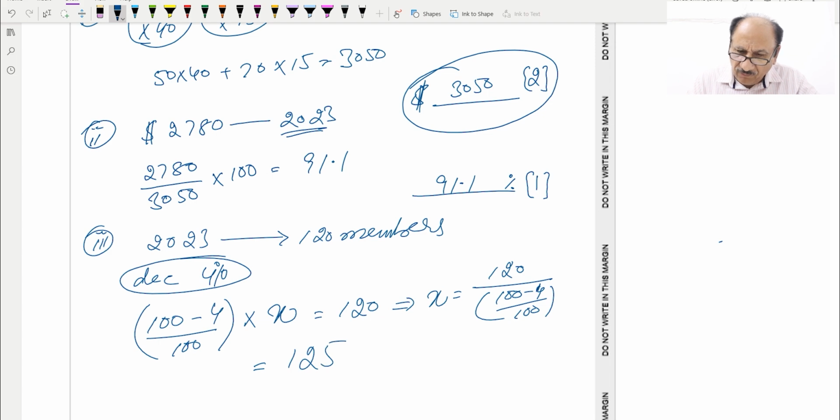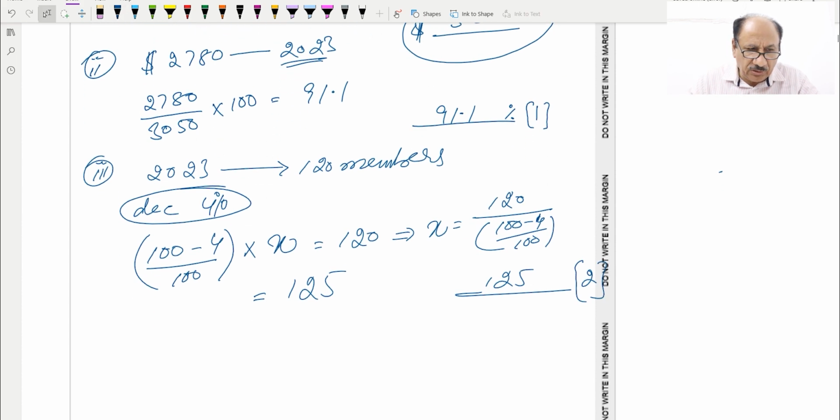So 125 members were there in 2022, and after a 4% reduction it reached 120. The answer at the proper location is 125.